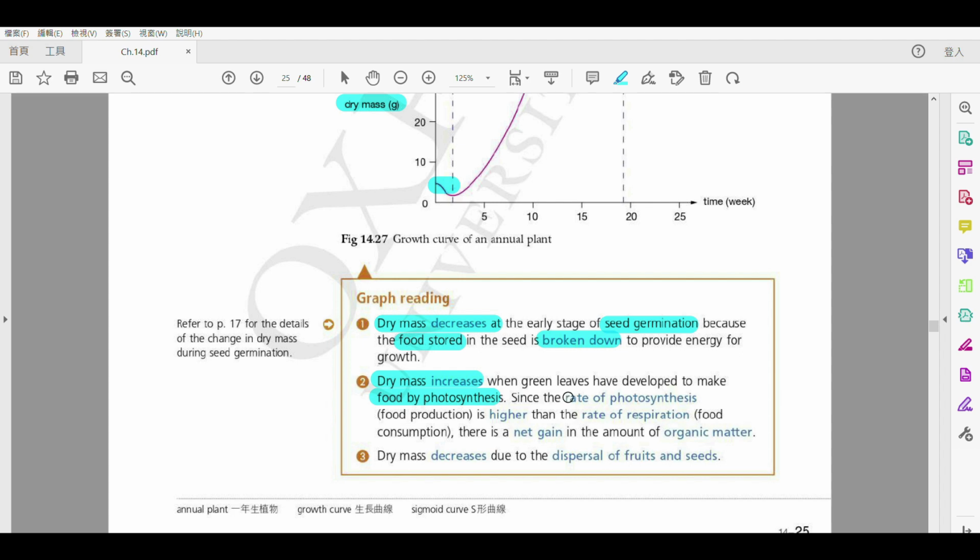We need to mention that the rate of food production is greater than the rate of food consumption, that would be the respiration. Therefore there is a net gain of the amount of organic matter. So that's why the dry mass increases.